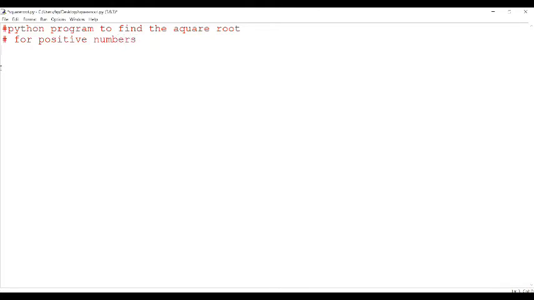Yeah, for positive numbers. So first, I have to get input from the user, right? So I'm giving num equal to float. Why am I giving float here? Because it will take both integer and float values from the user, right?